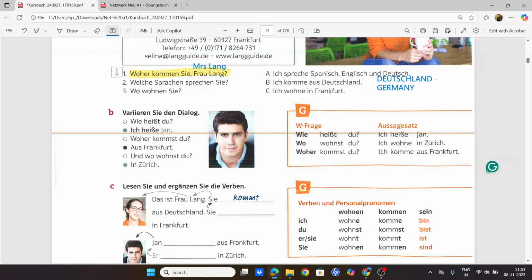So what is in the second question? Welche Sprachen sprechen Sie? Welche Sprachen sprechen Sie? What does this mean? It means what languages do you speak?